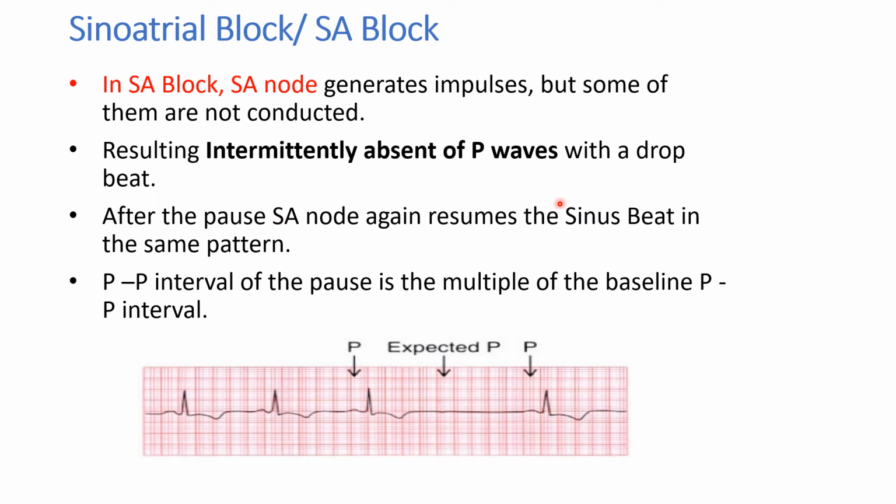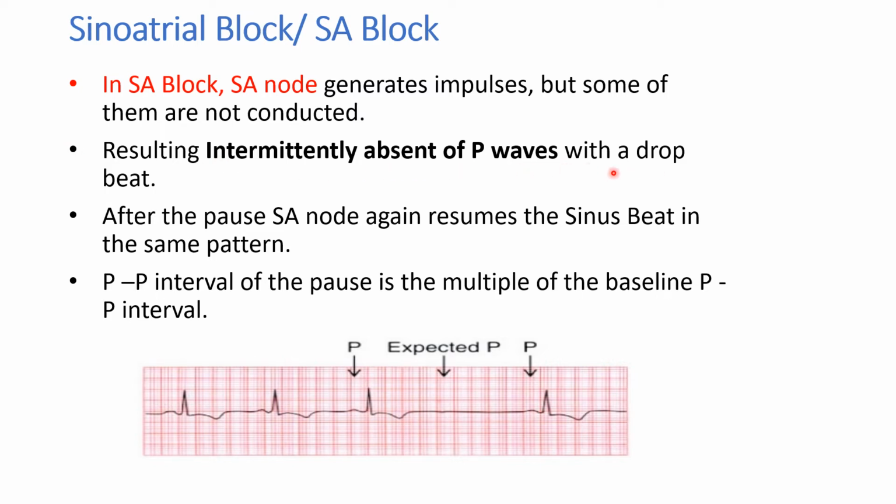In sinus block, the sinus node generates the impulses, but occasionally some impulses may not leave the SA node to reach the atrial conducting tissues. Therefore, atrial depolarization does not occur, resulting in an absent P wave with a dropped beat.